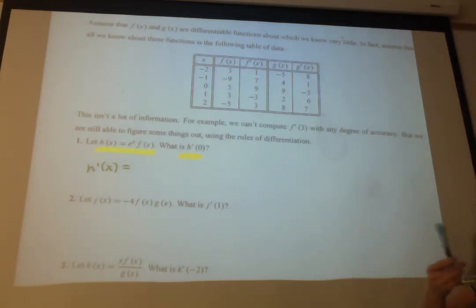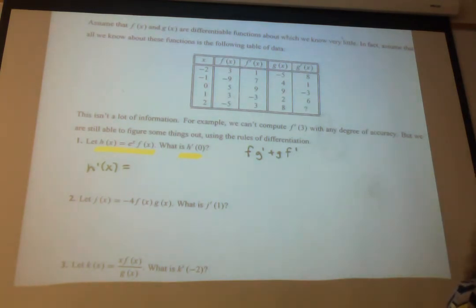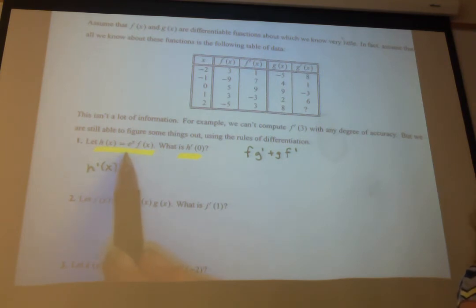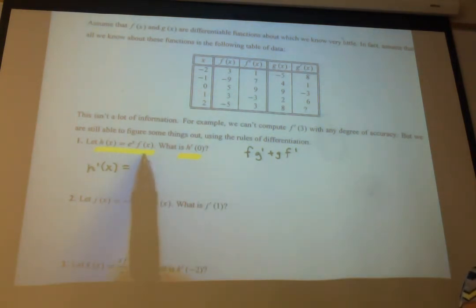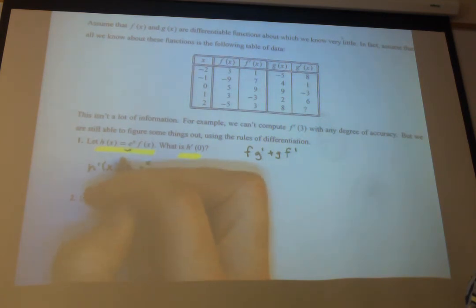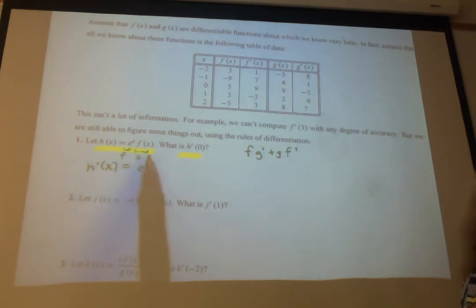That's going to make life a lot easier because I don't have to do any kind of computations. So I'm going to first write down the product rule, which is f g prime plus g f prime. Okay, so let's do it. First one is f, which is e of x, so that's staying the same, times the derivative of the second one. Let's even label this f, this g. What is the derivative of f of x?